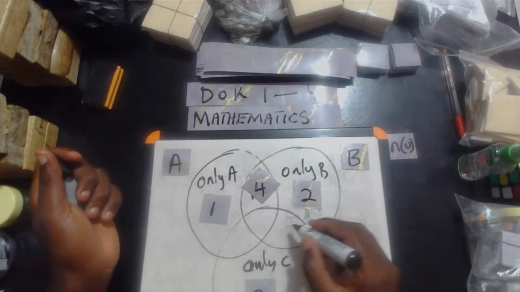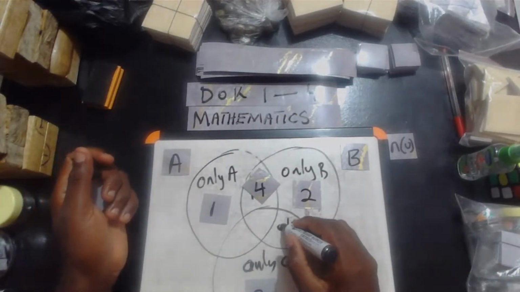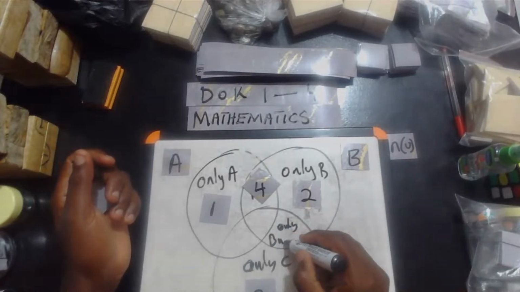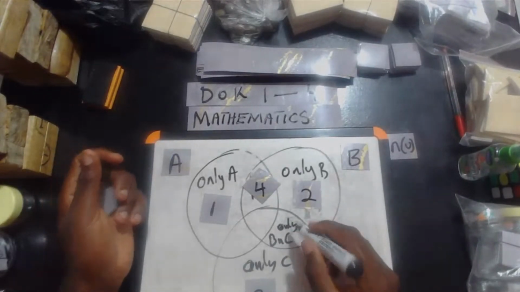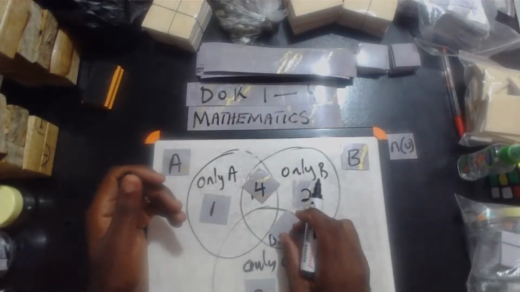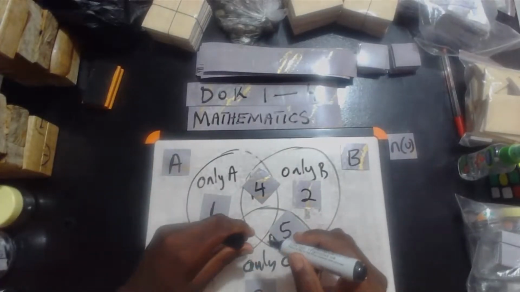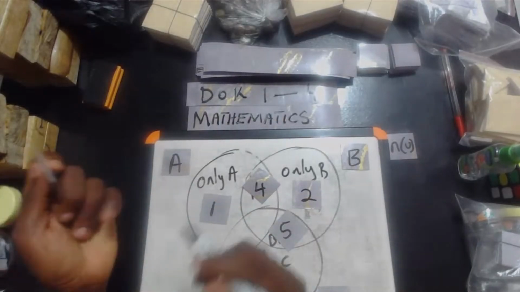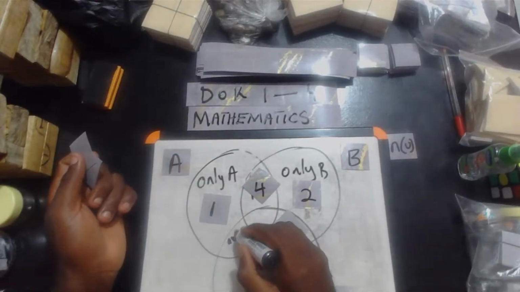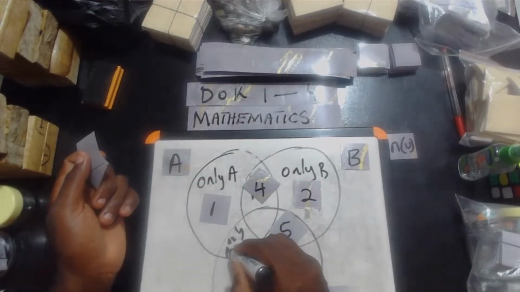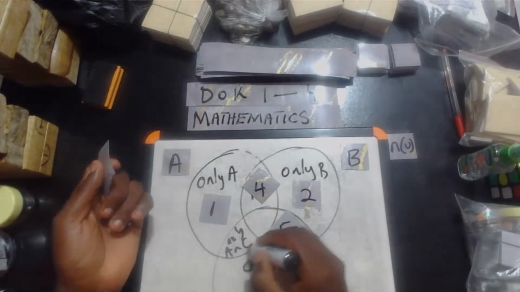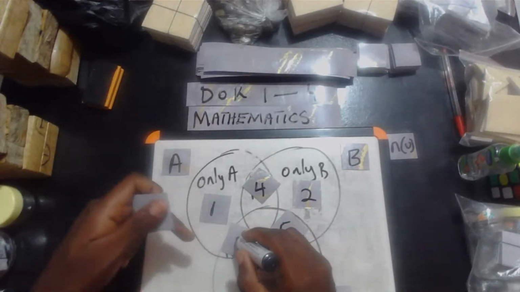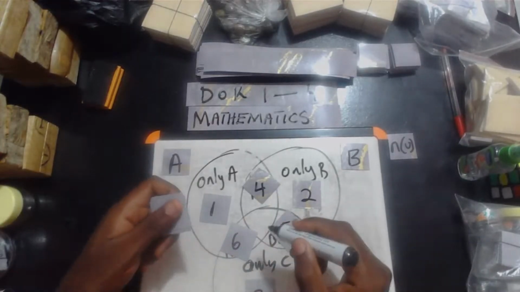Now this is only B intersection C. That'll be this region, region 5. Now let's see only A intersection C, for this region without the other. That would be region 6.